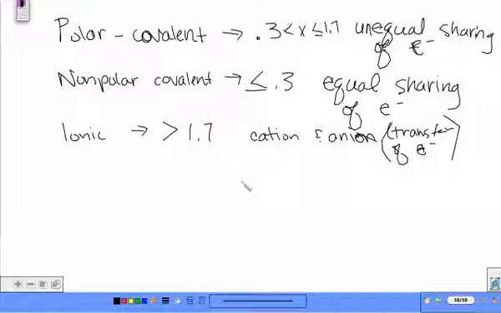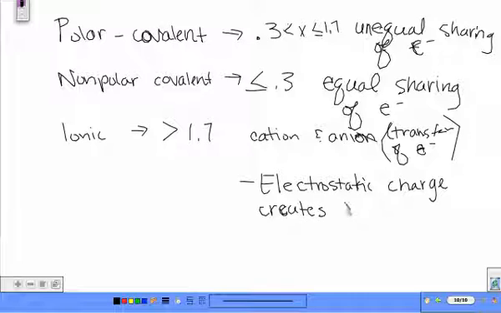And now, instead of the bond being the sharing of electrons holding it together, it's the electrostatic charge holding it together and creates the bond. Meaning it's just like magnets, the positive and negative end are held together just because it's charged.